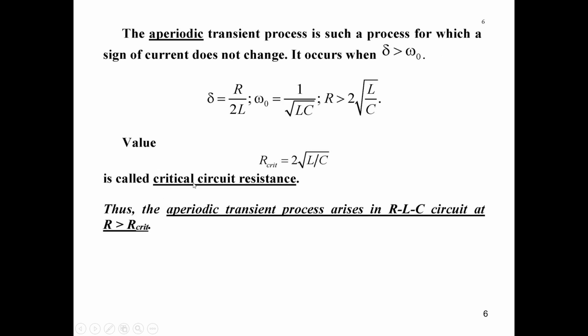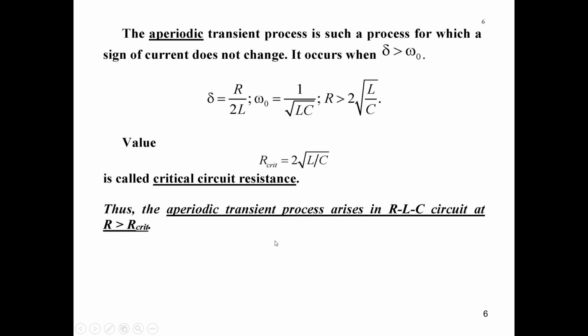And I would like to remind you that delta is R over 2L, omega 0 is 1 over square root of LC, and therefore this condition corresponds to the condition R greater than 2 square root of L over C. And this value, twice the square root of L over C, is called the critical circuit resistance.